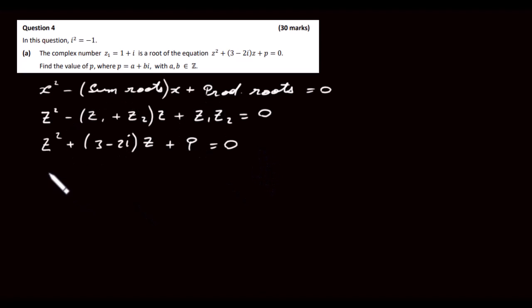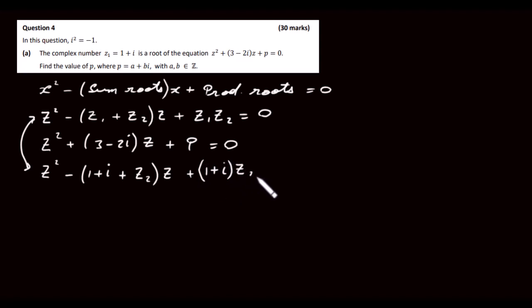Now if we just slot in one of our roots, we have z squared minus 1 plus i, then we have to find the second root, that's our z2, and then we have 1 plus i again, multiplied by z2, and that's equal to 0.